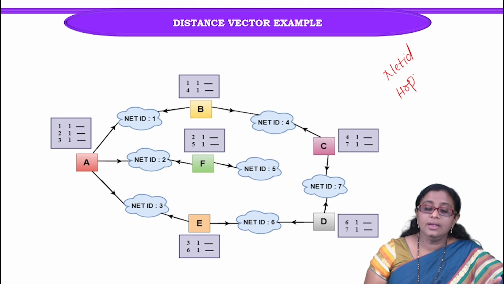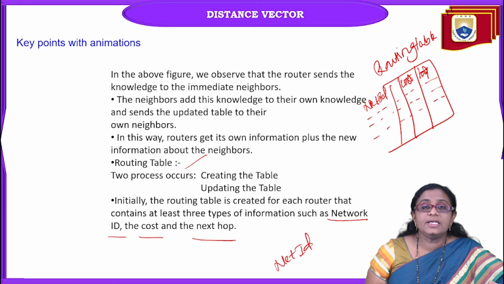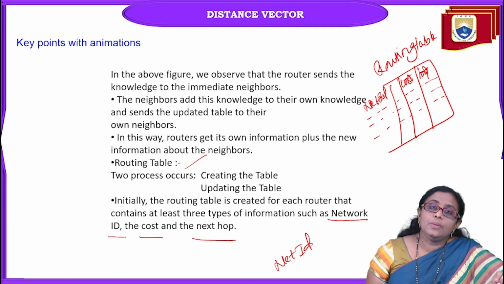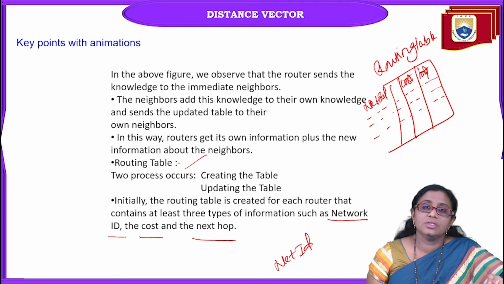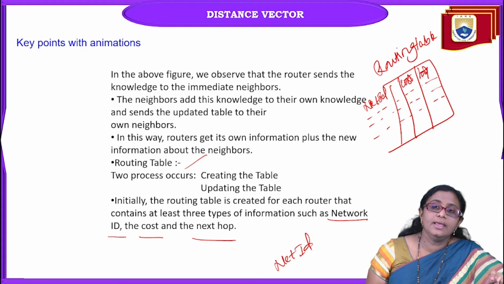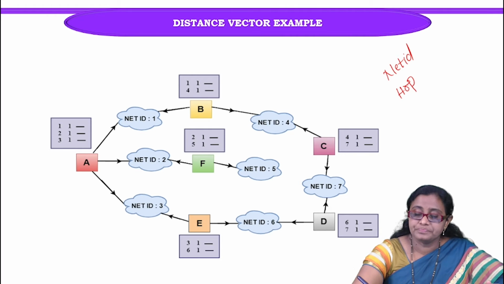So these are mainly the three types of information that should be available if you are working with a distance vector routing algorithm: the first one is the network ID or net ID, the cost, and the next hop.